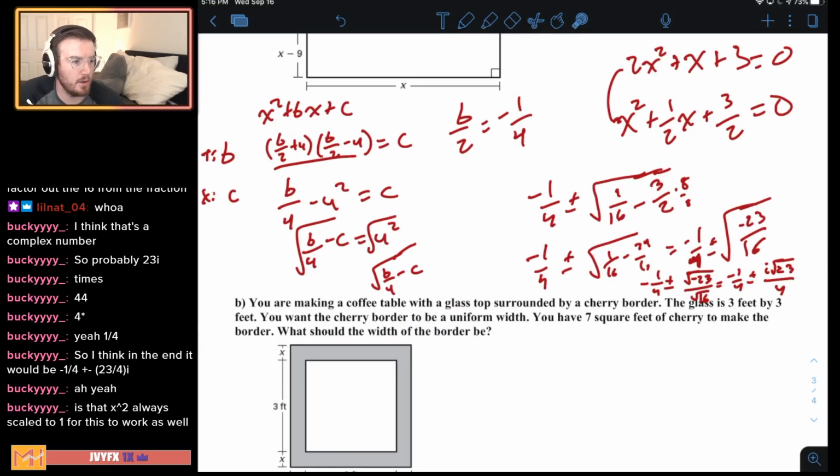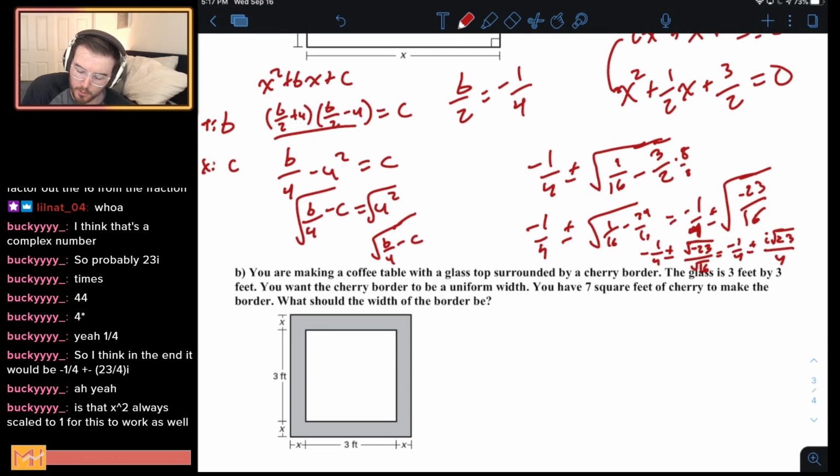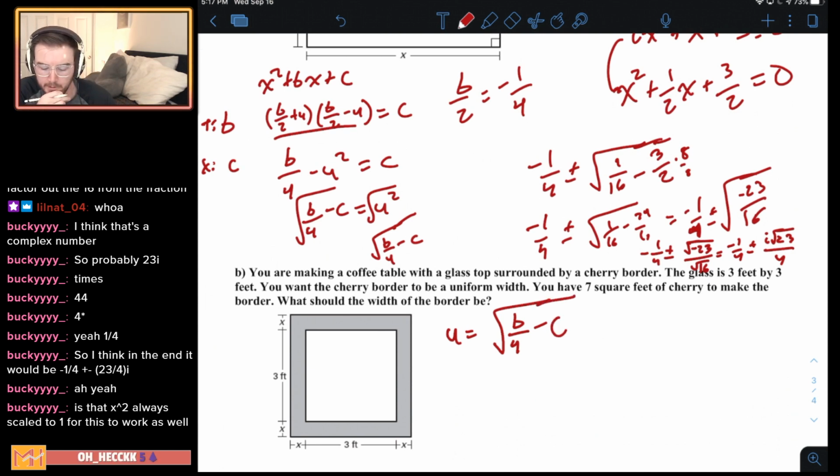I feel like the equation that you had me use can be derived here somehow. So that's u. So u equals the square root of b over 4 minus c, right?